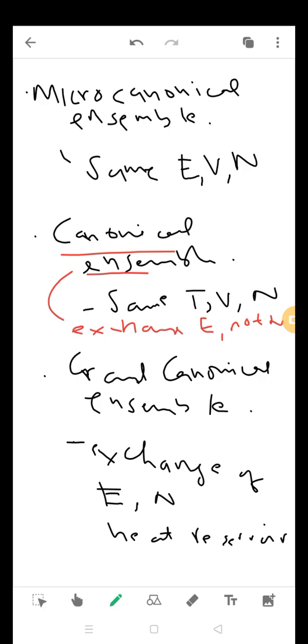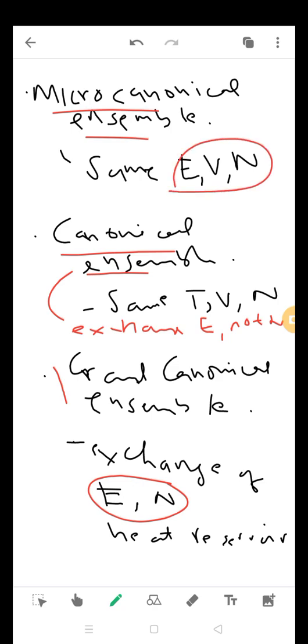Whereas in a grand canonical ensemble, you can exchange both E and N, and in a microcanonical ensemble, you can exchange neither E nor N. So, no exchange in the case of microcanonical, exchange of only E in the case of canonical, and exchange of both E and N in grand canonical. That is the difference between these three ensembles.